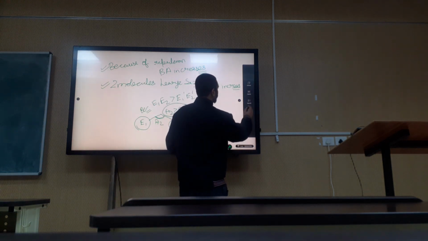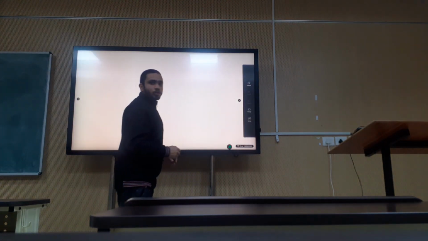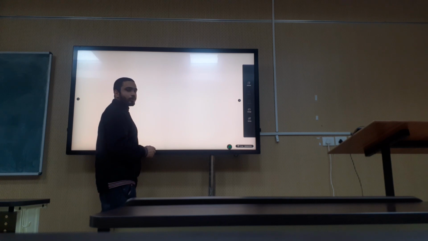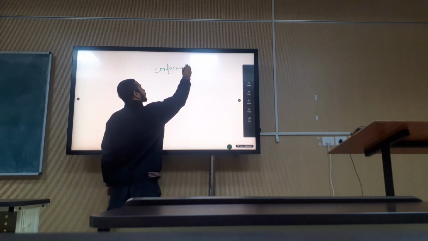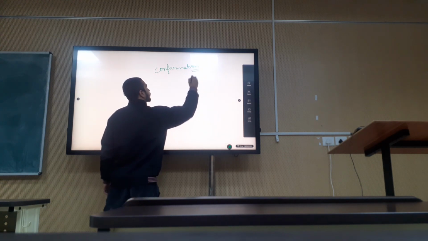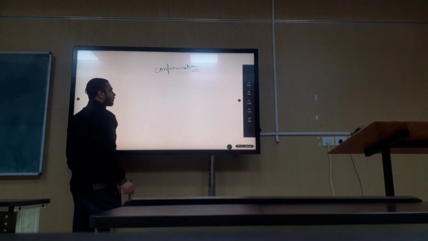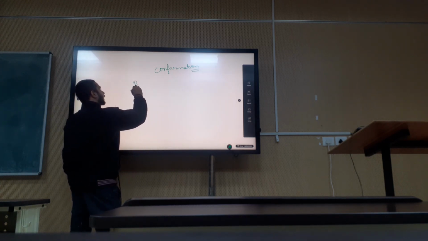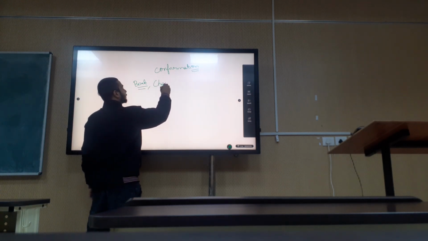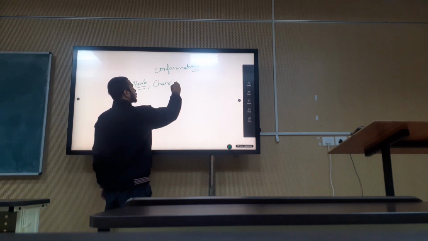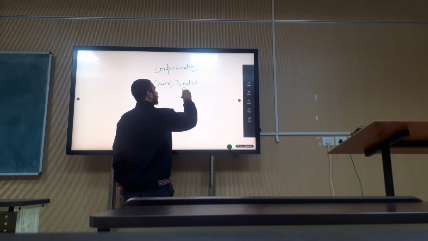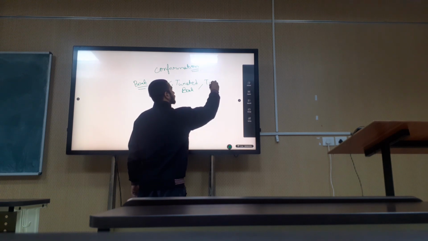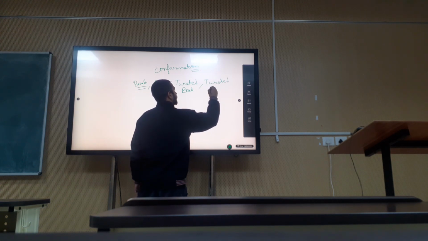Now the bond angle is also related to conformation. There are various types of conformation, like a boat kind of shape and a chair kind of shape, and a twisted boat kind of shape and a twisted chair kind of shape.